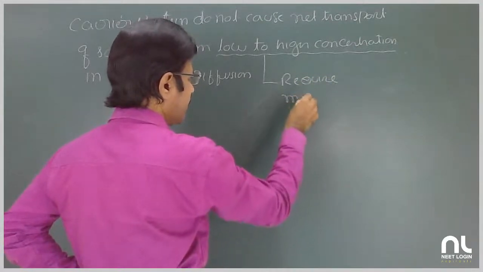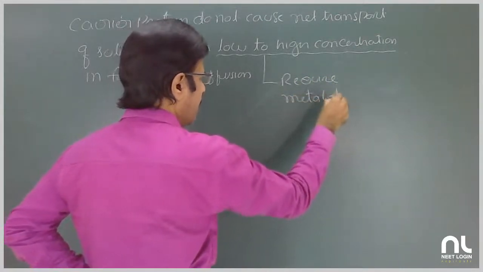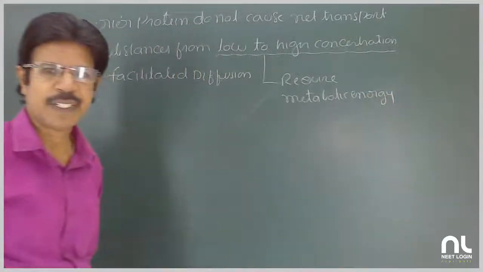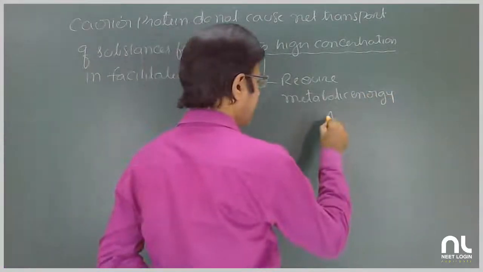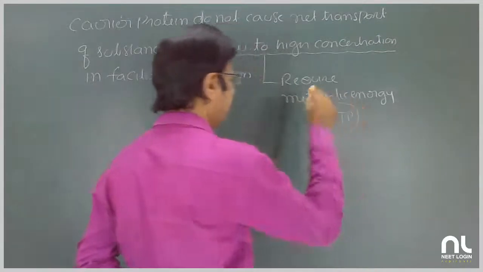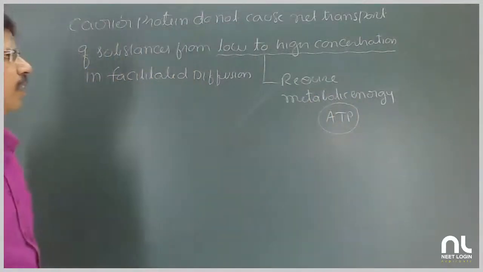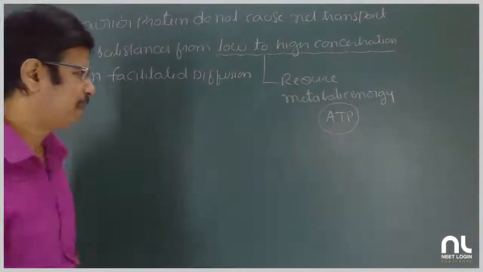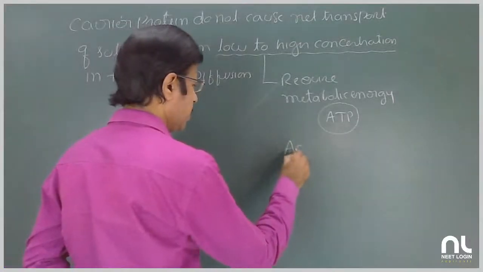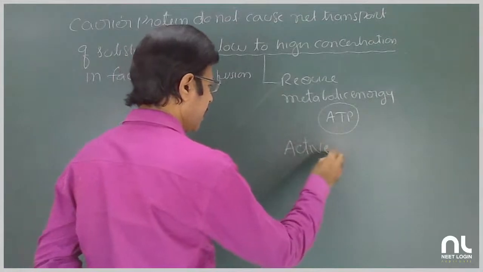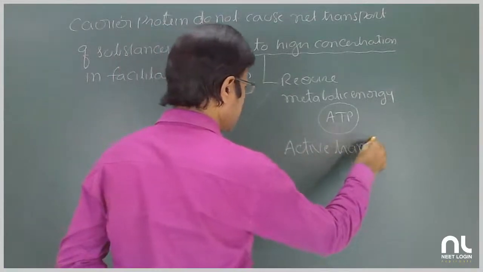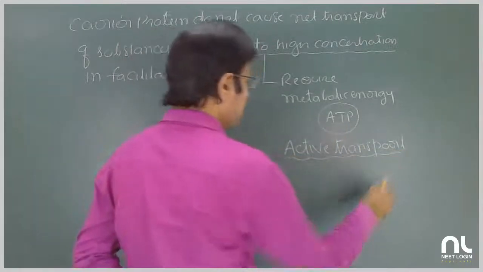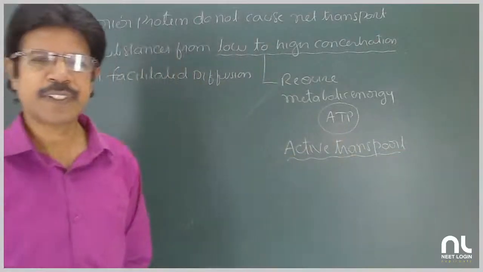requires metabolic energy, that is ATP. Low to high concentration requires metabolic energy, that is ATP. That is called active transport. So how many kinds of transports are there?